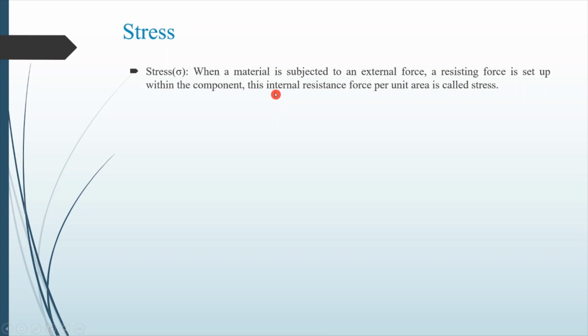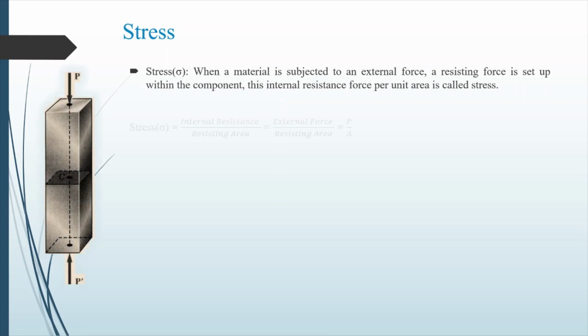Its mathematical value will be calculated as: stress, denoted by the letter sigma, is equal to internal resistance. As you know, whenever we apply an external force, the body will set up an internal force which will be resisting the applied force. So the applied force and internal resistance will be the same up to the elastic limit.